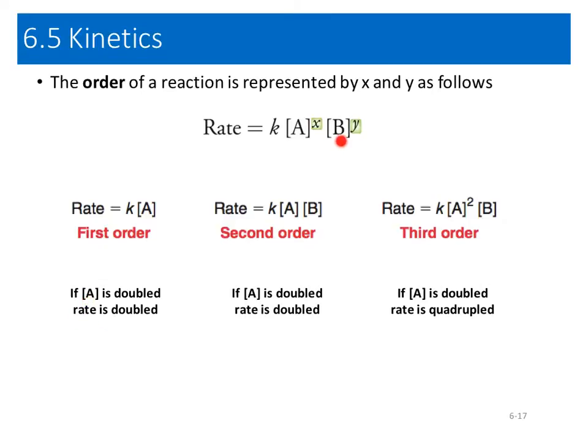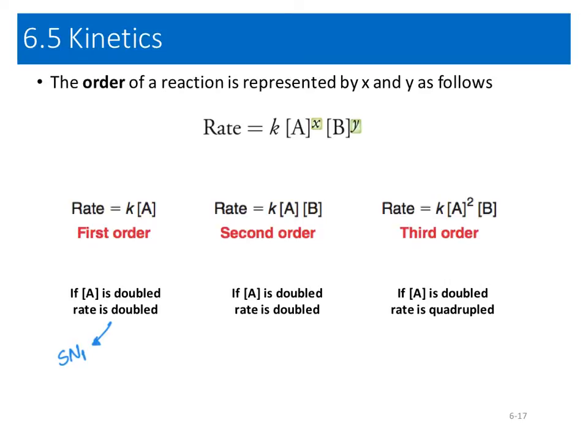But if you double the concentration of B, the rate stays unchanged because the rate is not dependent on the concentration of B. A very good example of a reaction that has a first order rate is the SN1 reaction. We are going to talk about SN1 and SN2 reactions in chapter 7.